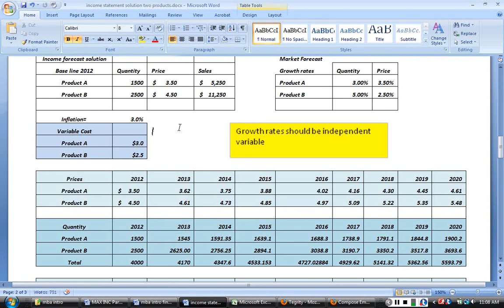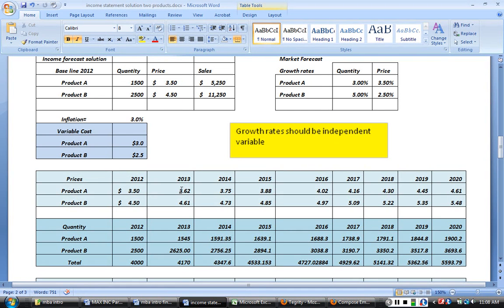So the way the formula would work in Excel is you are going to take this number times 1, you're going to put a parenthesis, 1 plus the growth rate, which is 3.5, and you're going to get this number.